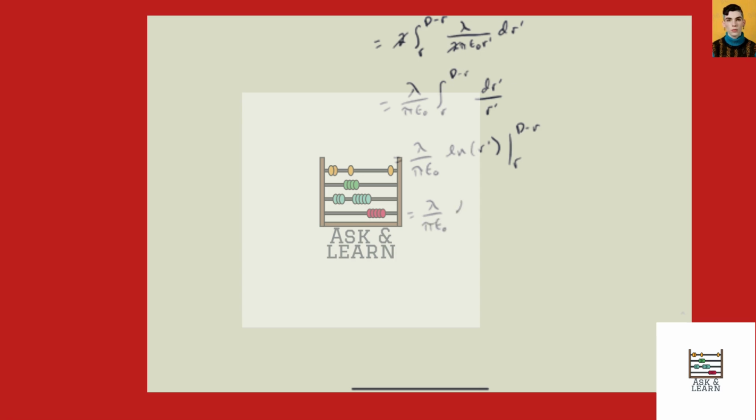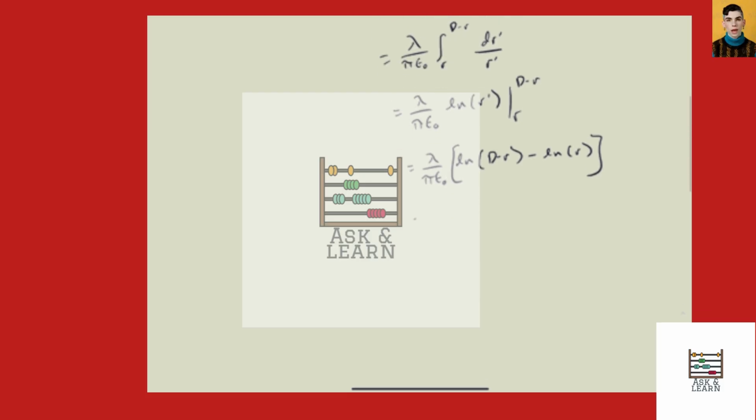So this is going to be ln d minus r minus ln r. And whenever we have the difference of logarithms, we can just take the quotient and put it inside. So this is going to be ln of d minus r over r.